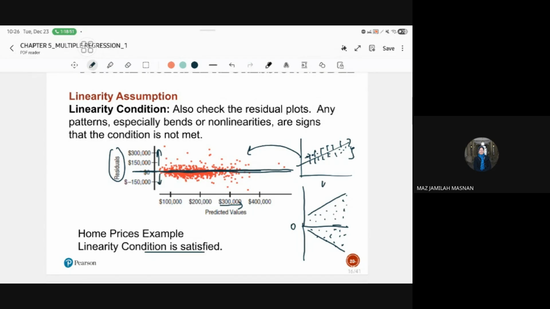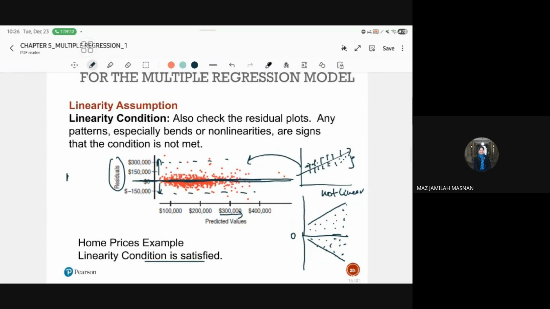So this is not linear, obviously. If you have something like this one, we can say that there is no obvious pattern appearing in your residual plot.